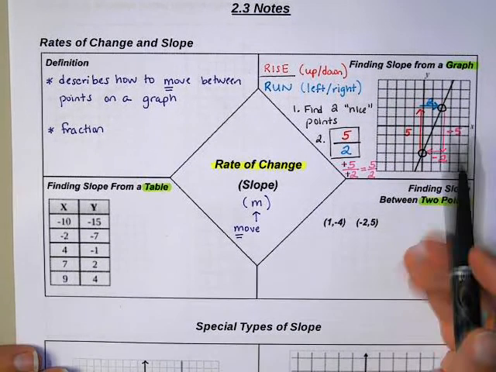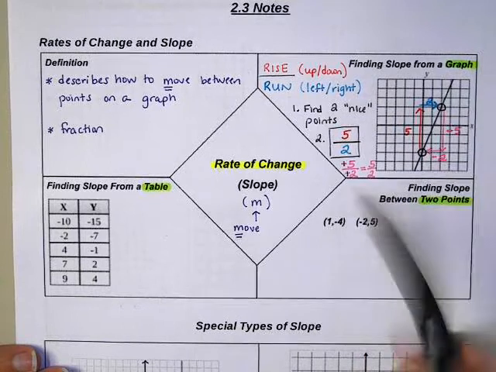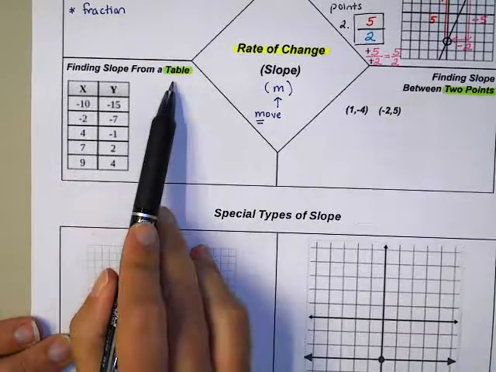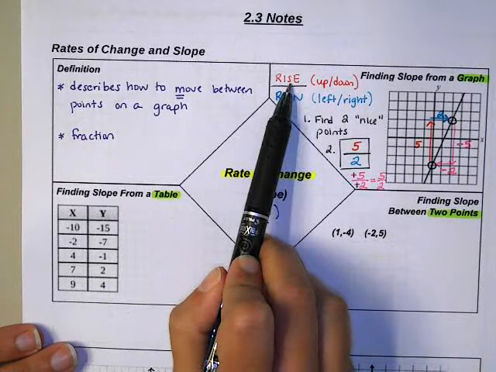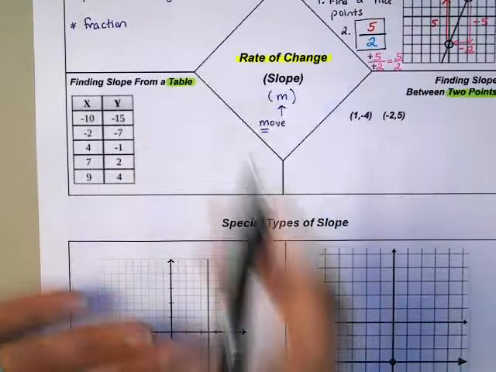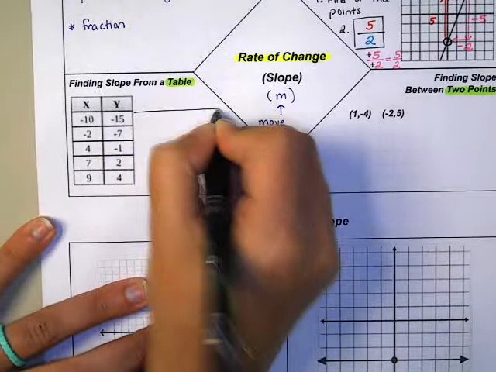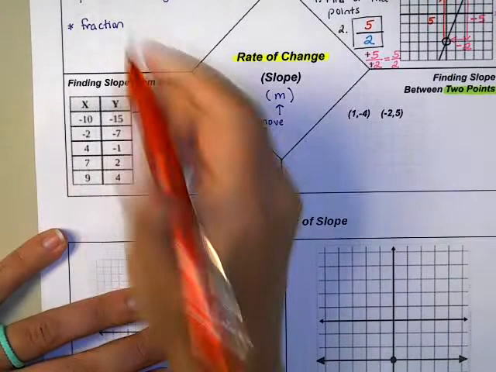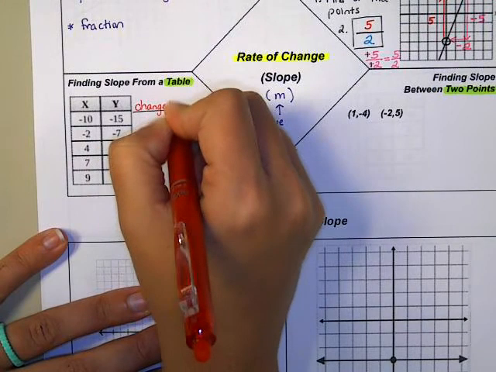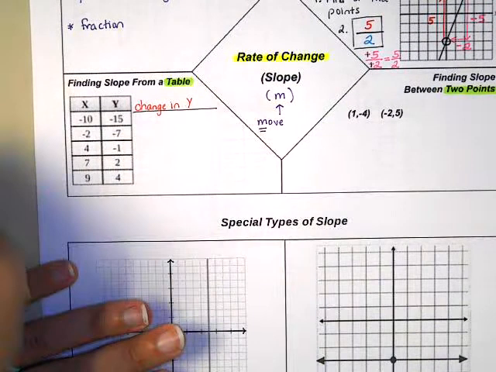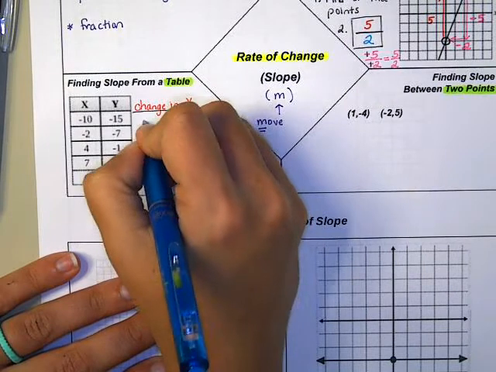Now that we've talked about how to find the slope from a graph, let's talk about finding the slope from a table. For finding a slope from a table, instead of thinking about slope as rise over run, we're going to think about slope as the change in y divided by the change in x.